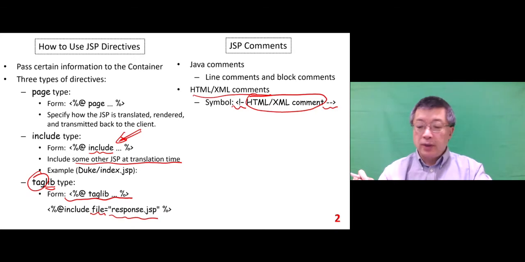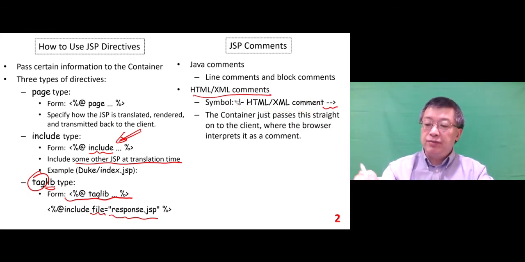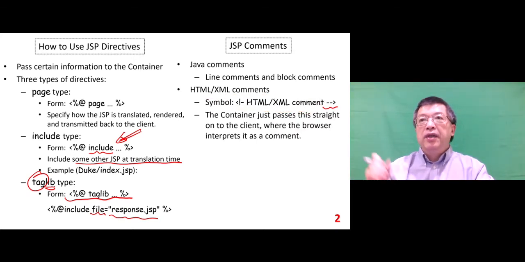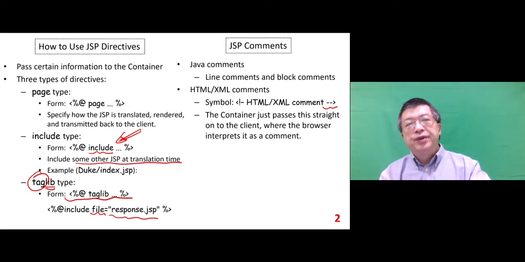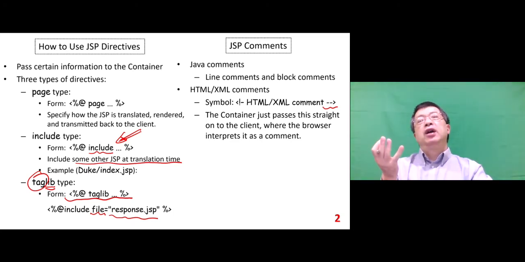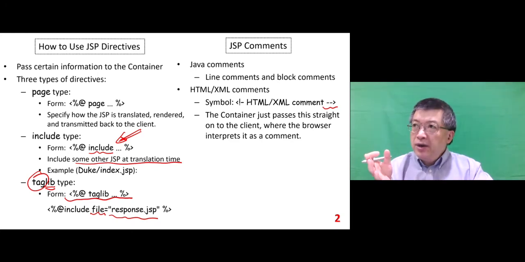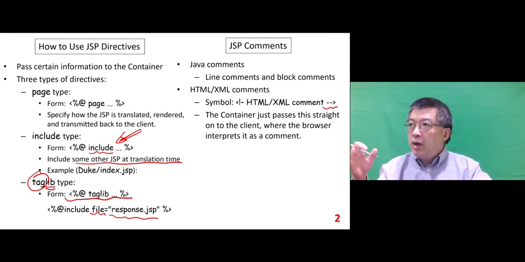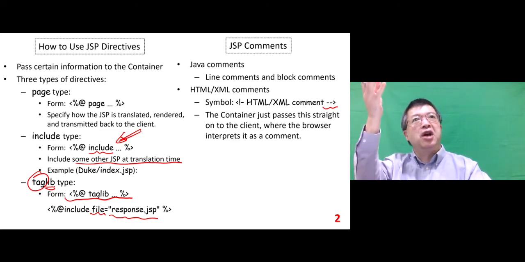All right. Another difference. The container just passes this straight to the client, because the container does the translation, right? What happens for the container handling these HTML comments at the translation time?